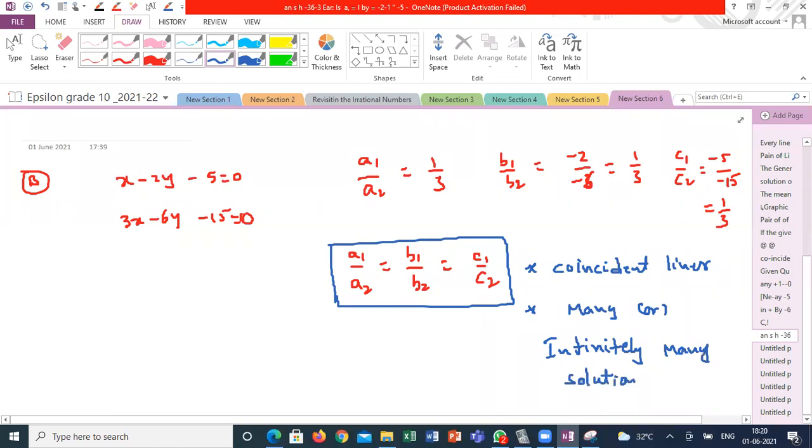Got it, guys? What I'm saying is, without solving, without taking the graph, how to identify whether the lines are intersecting, parallel, or represent the same line. Here, for this set of equations, mathematically we give a name: consistent and dependent.